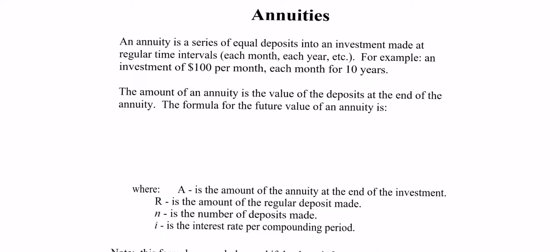This is the actual equation for an annuity. A is equal to big R, which really represents the payment, times the bracket 1 plus i to the n, minus 1, end bracket.